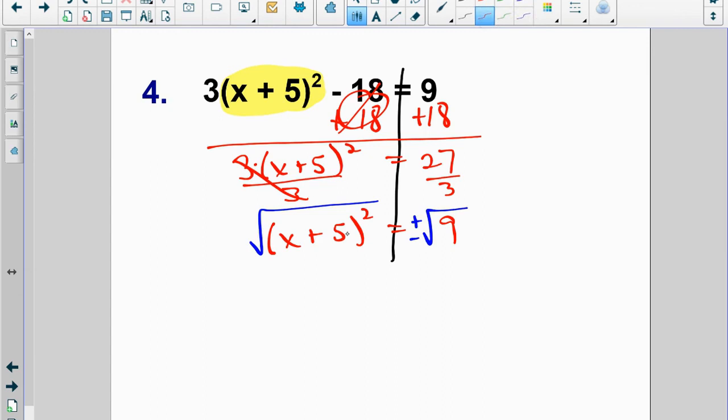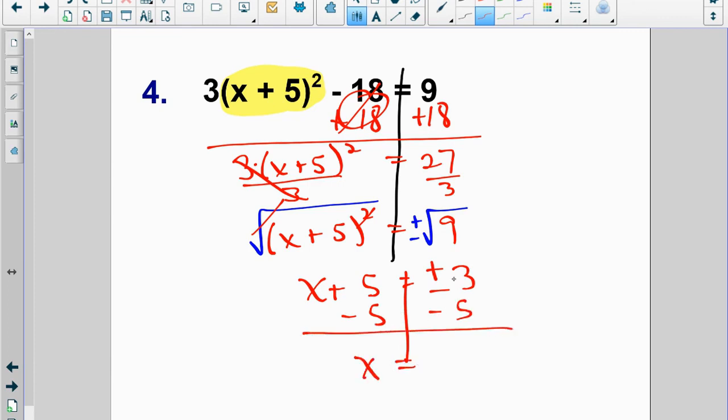When we do, that cancels there. That's x plus 5 equals positive and negative the square root of 9. Let's see, 3 times 3 is 9, so that's just going to be 3. Keep solving. Subtract 5 on both sides. X equals positive and negative 3, subtract 5.